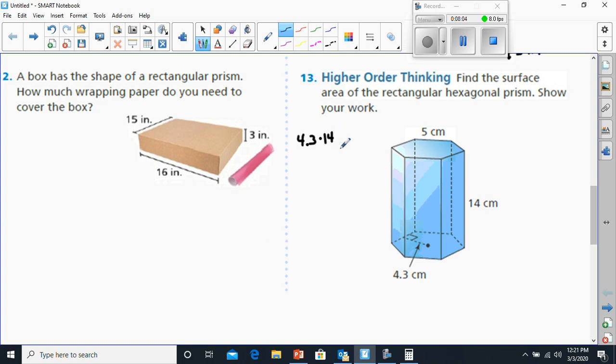And we're going to have to multiply that by 1, 2, 3, 4, 5, 6 sides. We know that because there's 6 sides up here. So 4.3 times 14 times 6 will tell us all the sides area. Now we got to figure out this hard part up here, which is going to be the hexagon. And a hexagon has 6 sides to it.